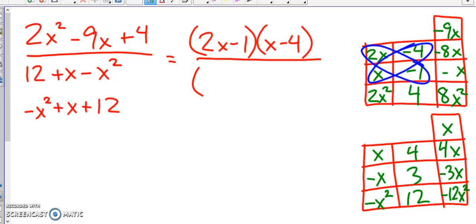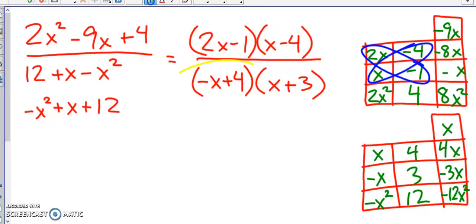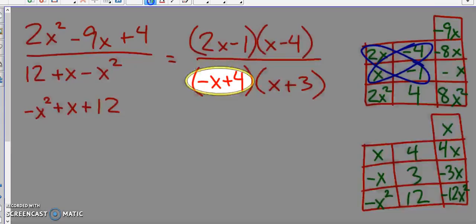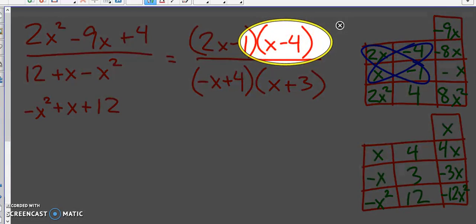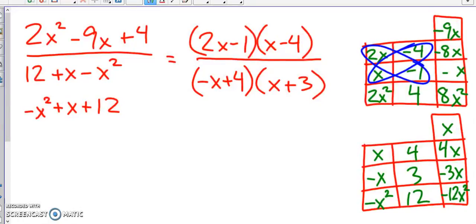So here I would have (negative x plus 4) and (x plus 3). Now, do you notice that this factor right here and this factor right here are the exact opposite? One has a positive x and a negative 4, one has a negative x and a positive 4.